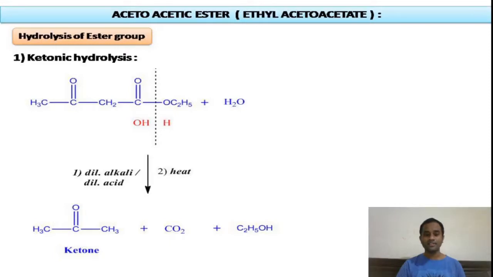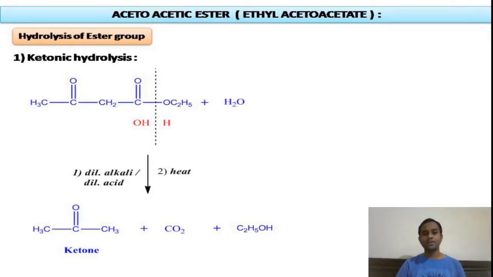In ketonic hydrolysis, when ethyl acetoacetate is heated in presence of dilute alkali or in presence of dilute acid, it will undergo hydrolysis, leading to the formation of ketone as the main product. This hydrolysis takes place in two steps. Since in this hydrolysis ketone is the main product, such hydrolysis we will name as ketonic hydrolysis.